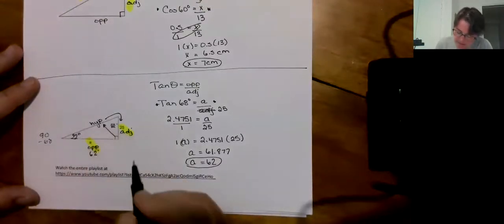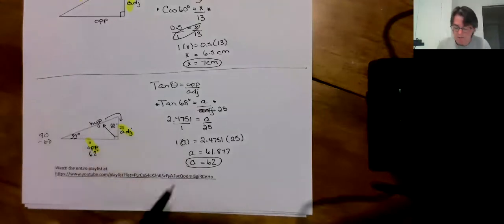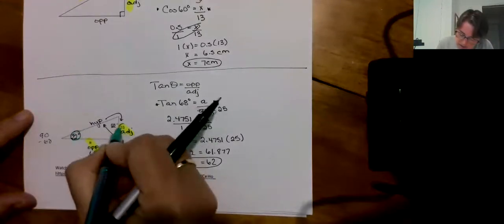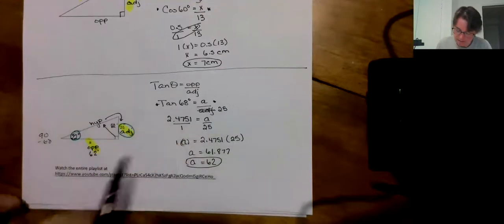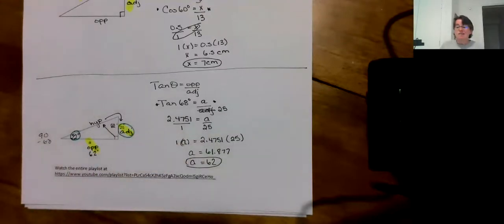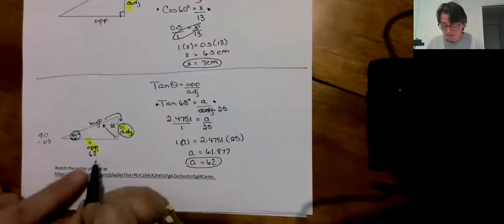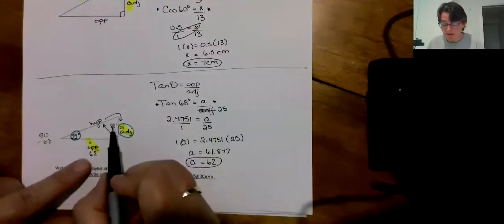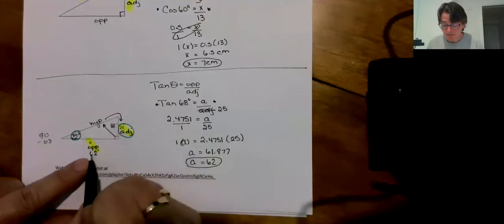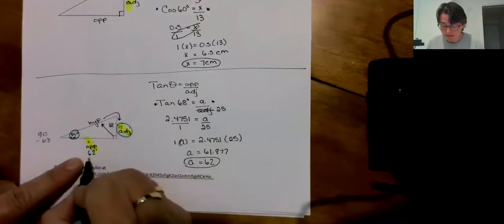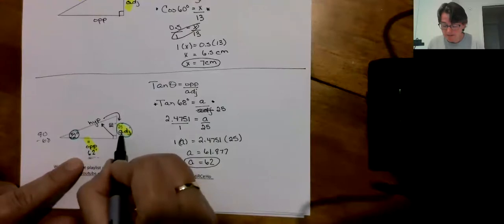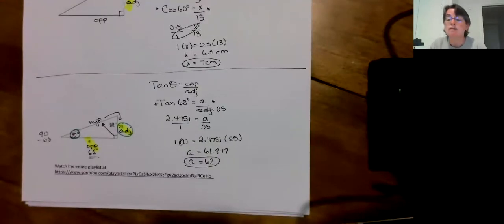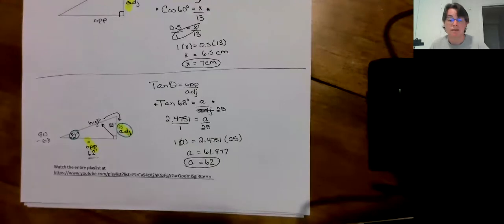That's 22 degrees. So the smallest angle is across from the smallest side. So why am I doing that? Well, by saying that, you can say it the other way, that a bigger angle should be across from the bigger side. So as long as this number is bigger than the 25, you're probably right. If the number ended up smaller than the 25, then you know you're definitely wrong.